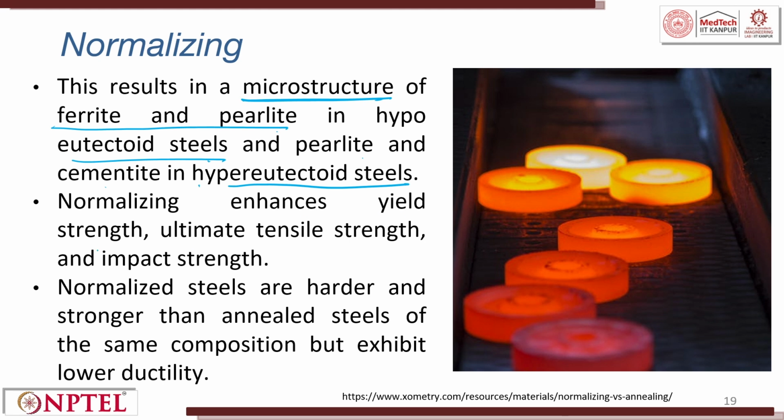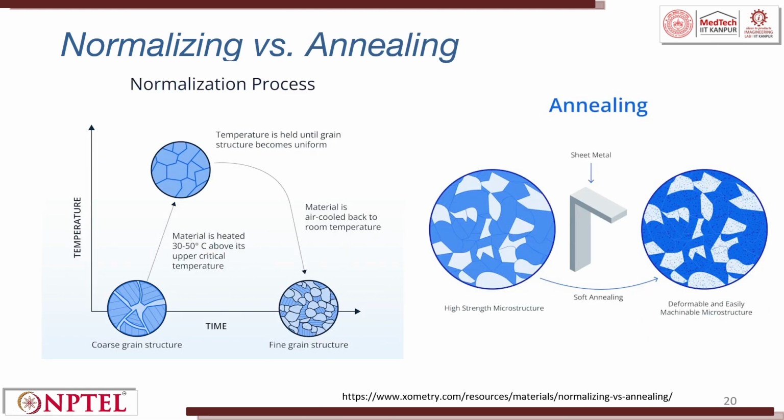Normalizing enhances yield strength, ultimate tensile strength and impact strength. Normalized steels are harder and stronger than the annealed steel of the same composition, but exhibit lower ductility. In annealing, you do a furnace cooling. Here you do air cooling.